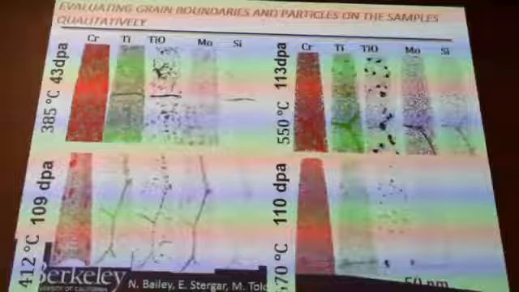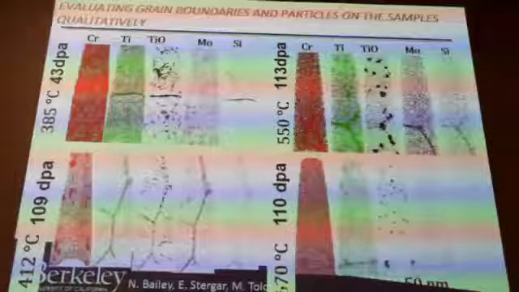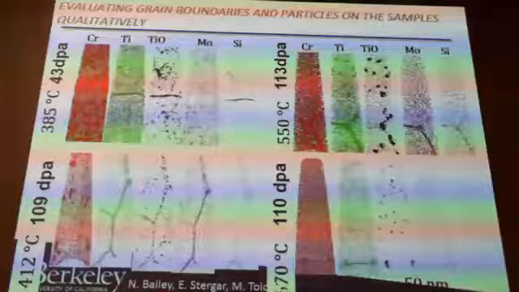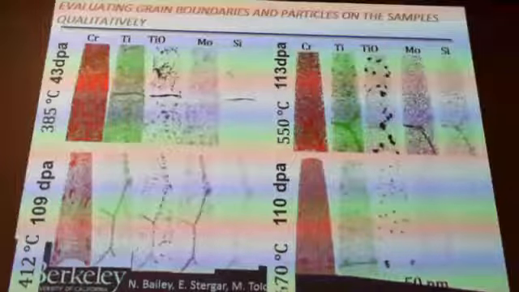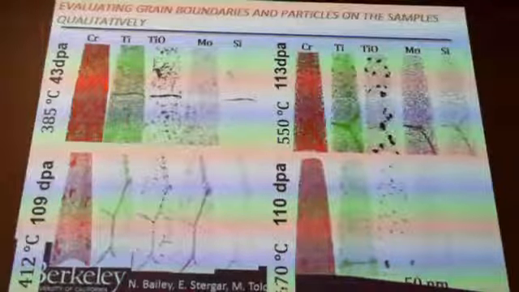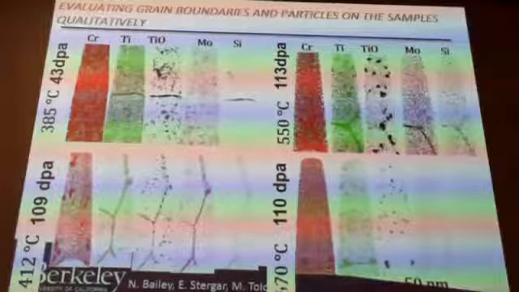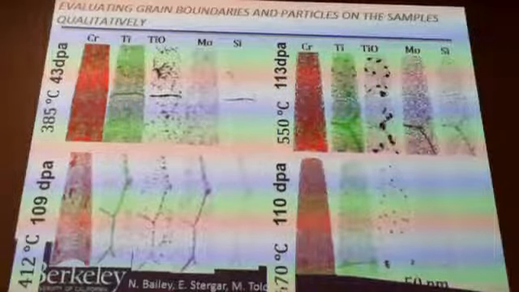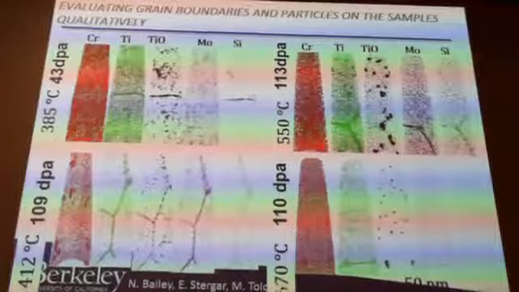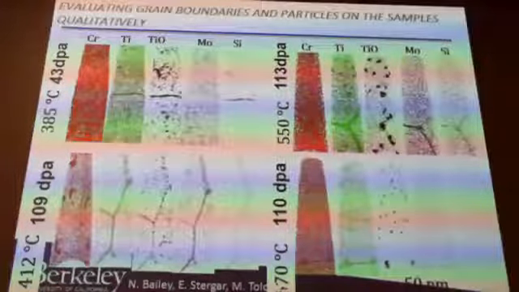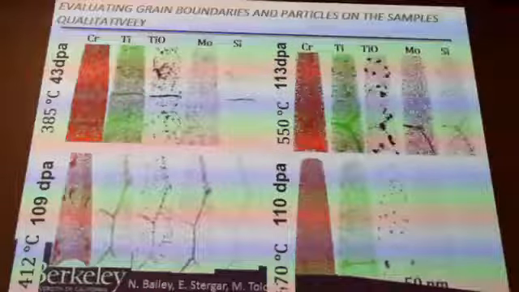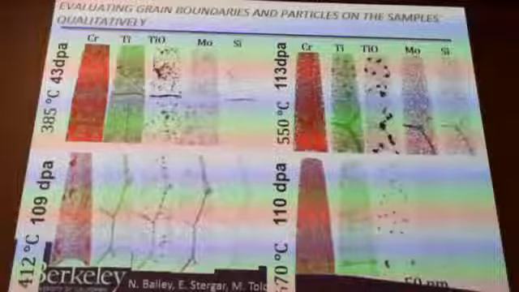If you do this at higher temperatures, there's hardly any chromium clusters, particularly not above 412 degrees Celsius. The chromium clusters are bad because they make our material more brittle than it needs to be, so we need to understand when they form. We also see other clusters like oxides, enrichments at grain boundaries in 3D, and not just elemental but also isotopic specific.